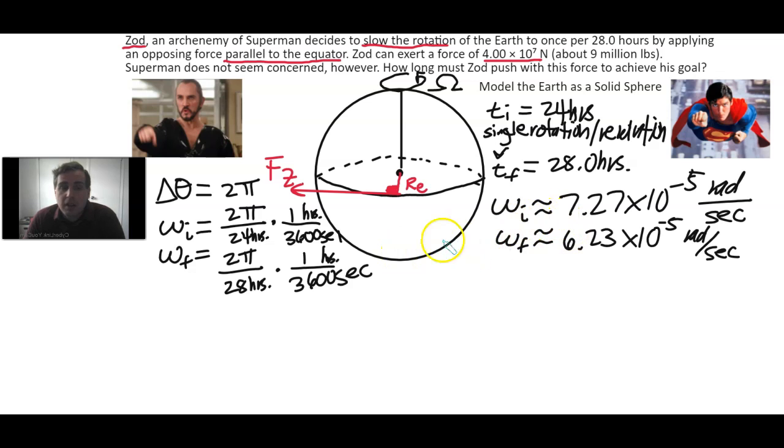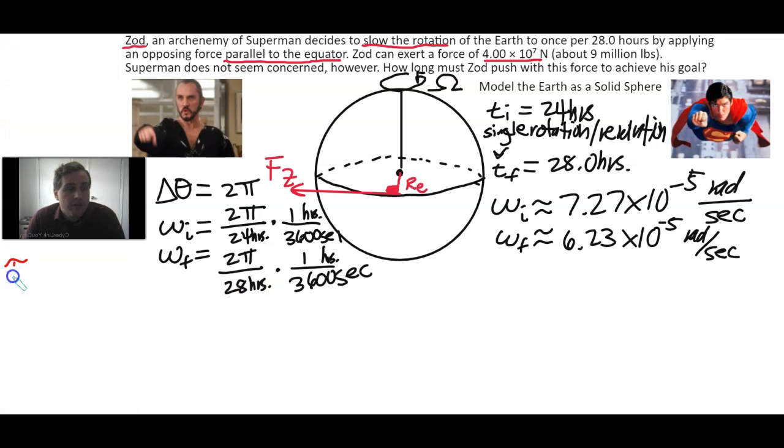Okay. Now, what we want to think about is, is this force of Zod related to something else? Well, yes, it is. It's actually related to torque. So since Zod is pushing with a force at a radius that's perpendicular to Earth, it's related to a torque that's on Earth. So because the force I sketched in red, let me go ahead and also use red for the torque here.